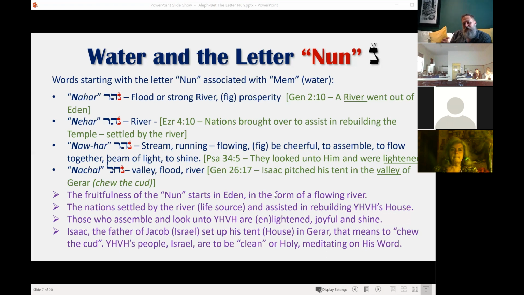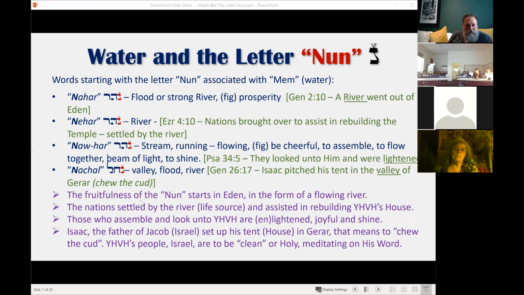So now we see that the letter Nun connects the Garden of Eden or the throne of Yahweh. It connects the nations, it assembles them, and as a result of them, they represent or build the temple or the house of Yahweh, and they are enlightened by coming into his house.